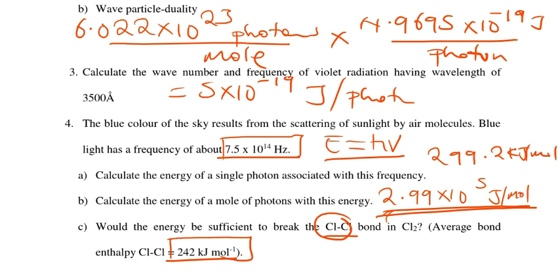Since we have 299 kilojoules, that's enough. So the comment we're making is, yes, it is sufficient, since the energy determined is greater than the enthalpy of the chlorine to chlorine bond.